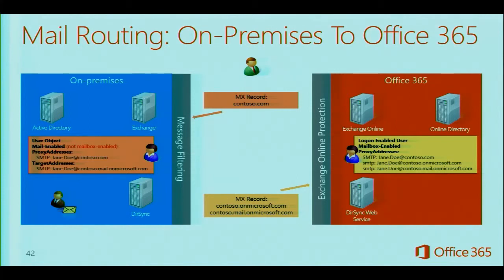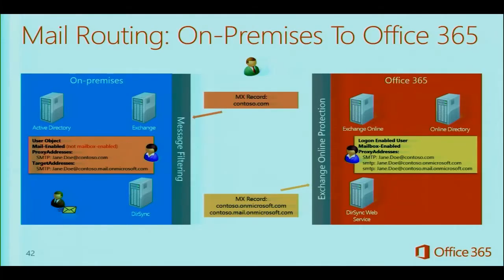All right, now what happens when we're doing a coworker email? This isn't coming from the internet. This is a message sent, in this case, by this user right here, and that user is going to be sending a mail over to Jane Doe. So again, the message goes through the Exchange server. The Exchange server is going to do the same lookup that it did for any messages destined for Jane Doe.